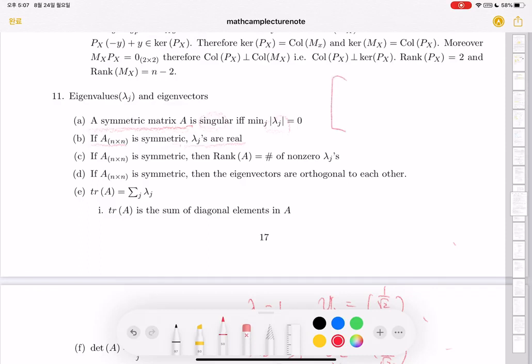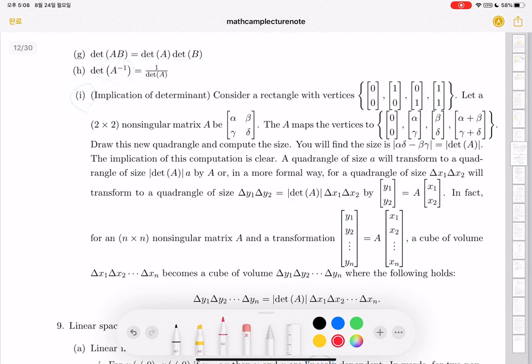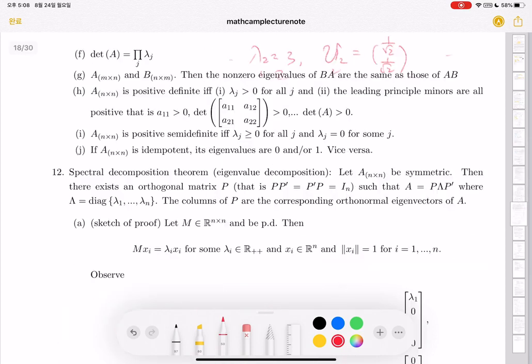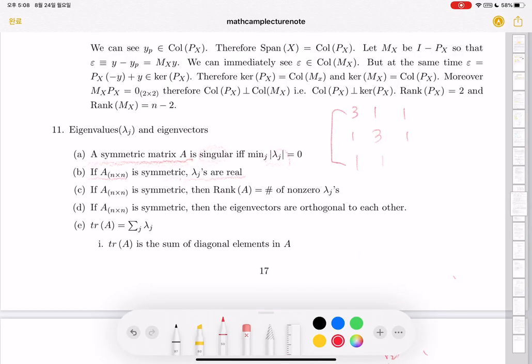Think about this matrix: 3, 1, 1, 1, 3, 1, 1, 1, 1, and 0, 0, 0, 0, 0, 0.